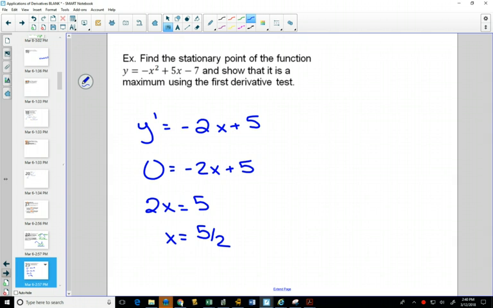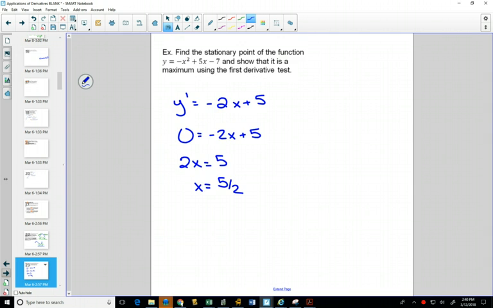All right. Since that's our critical value, we have no non-permissible values. We can put that value, 5 over 2 or 2.5, on a number line, and check what happens when I plug in something less than 5 over 2 into my derivative.